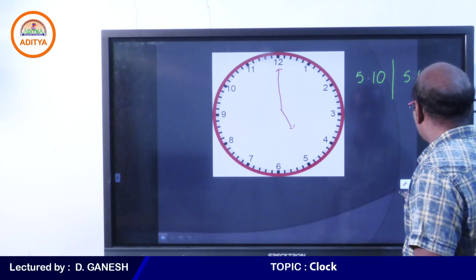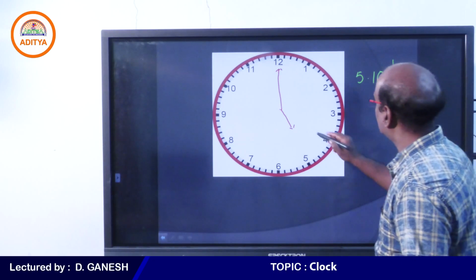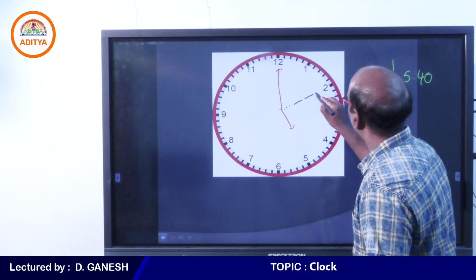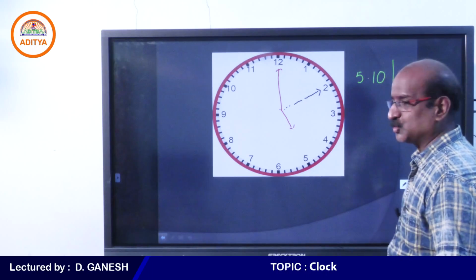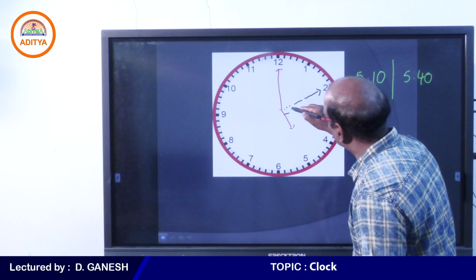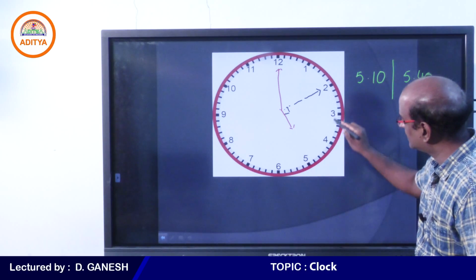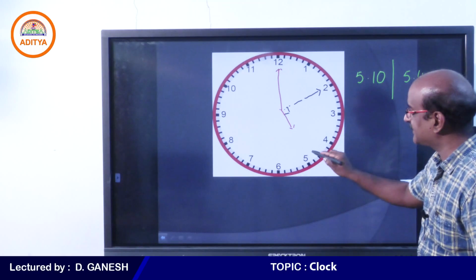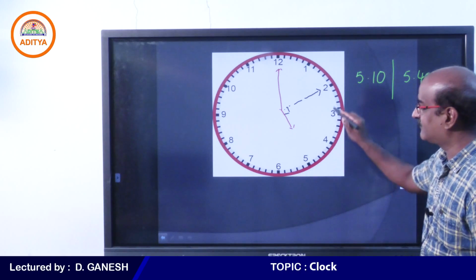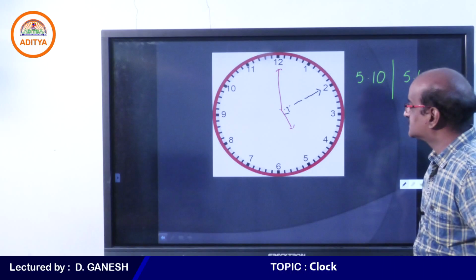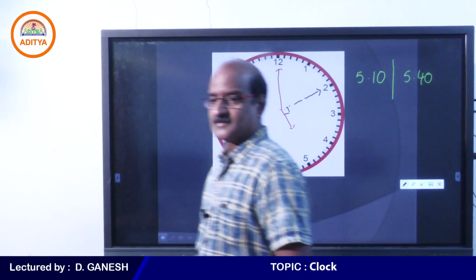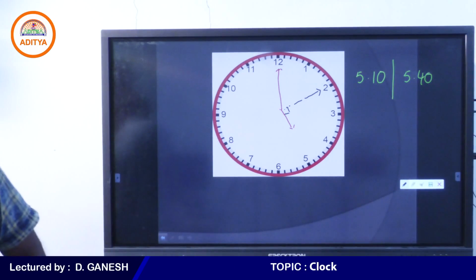You see, at 5:10, the minute hand will be on 2. Then we can see right angles. Right angles means we need to have a 15 minute gap. So 5:10. Students, am I clear to you? At 5:10, it comes into right angles.